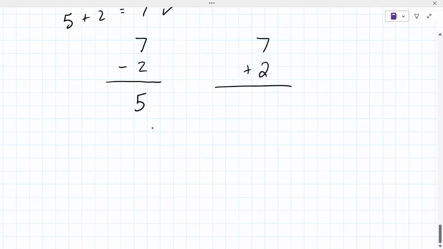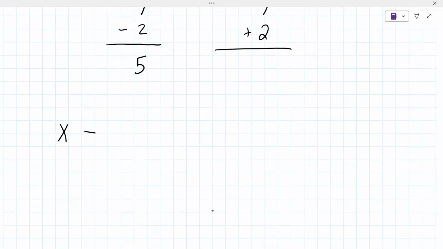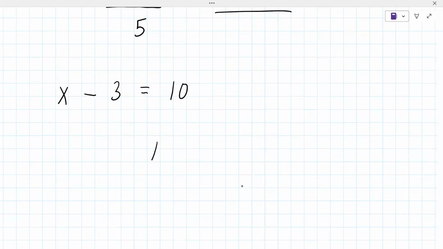So now let's do another problem. Sorry, let's do it this way. All right, so x - 3 equals 10. Is the value of x 10 + 3 or 10 - 3? 10 + 3.